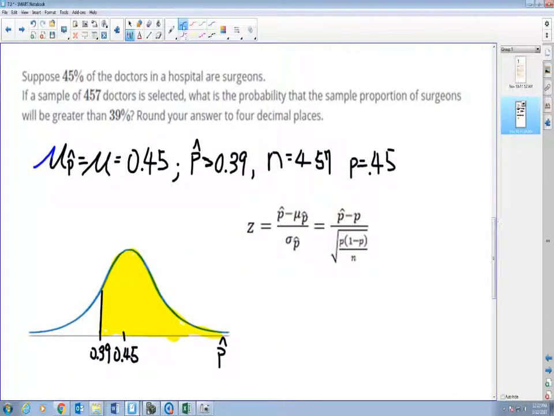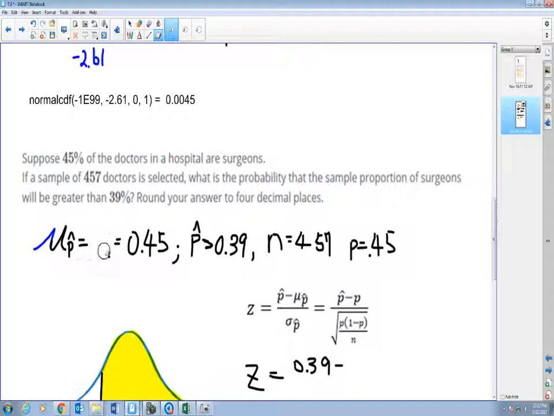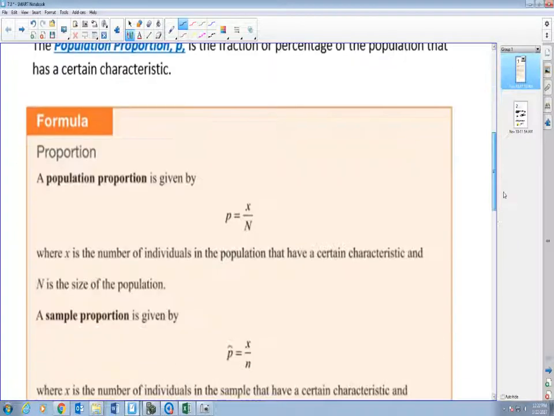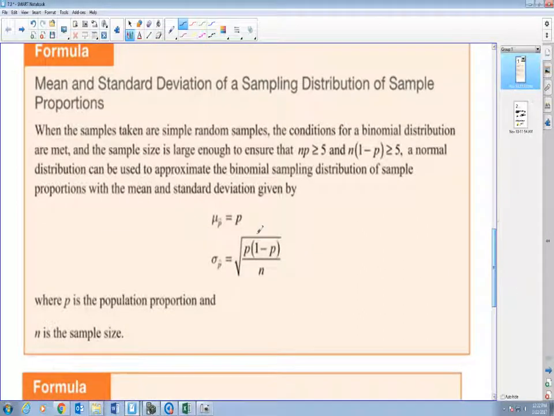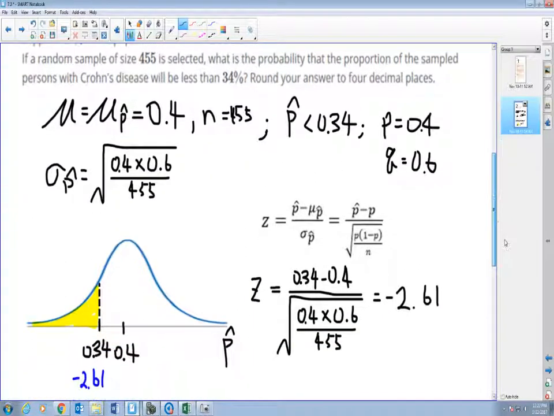Alright, so my z-score: p hat 0.39 minus the population proportion P. Oh man, I even wrote this stuff around wrong. The mean of the p hat. Sorry about that, I didn't mean to write it down in my notation wrong. It will eventually become P. Let me make sure I write it down right. Yeah, the mean of the distribution of p hat.